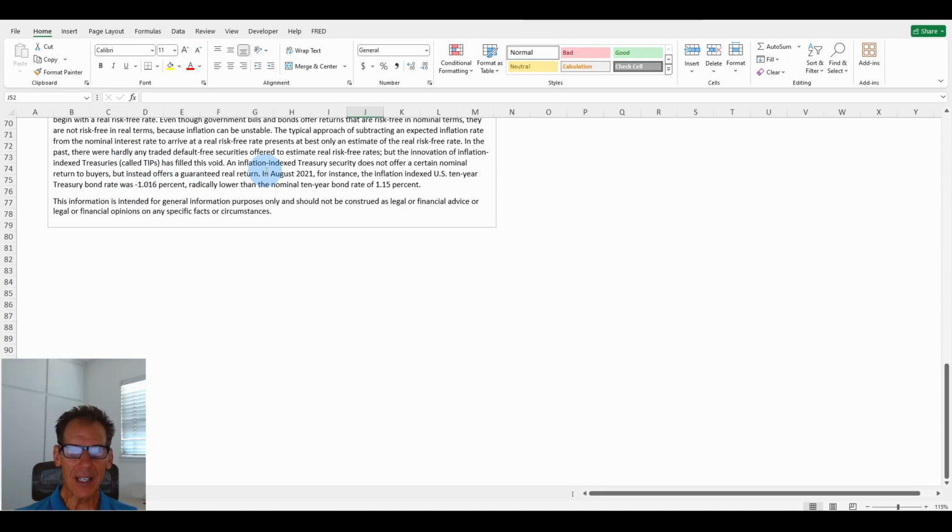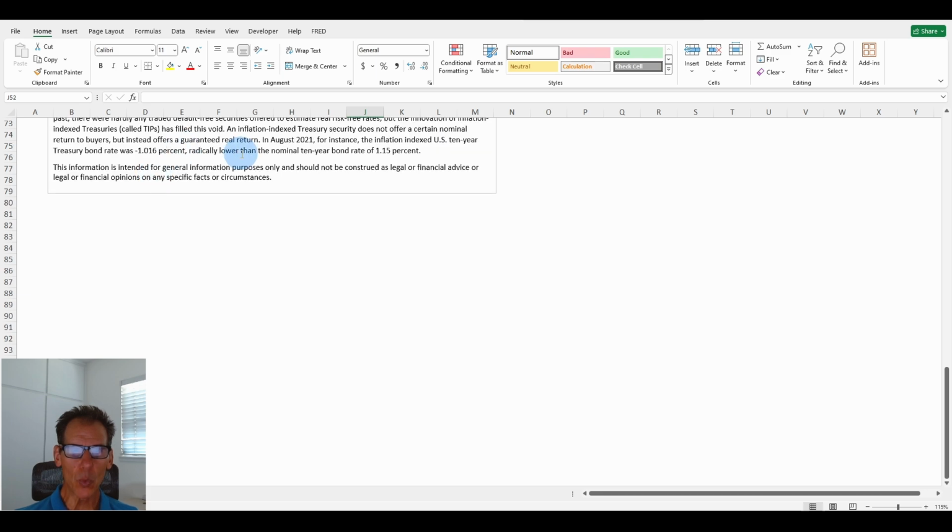An inflation-indexed treasury security does not offer a certain nominal return to buyers, but instead offers a guaranteed real return. In August 2021, for instance, the inflation-indexed U.S. 10-year treasury rate was negative 1.016%, radically lower than the nominal 10-year rate of 1.15%.